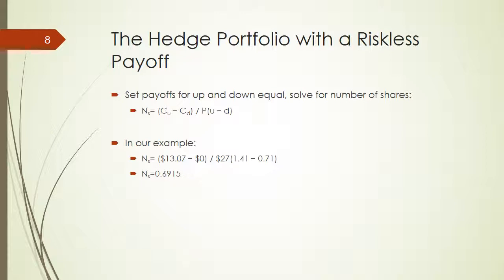We set these two conditions equal, and for the number of shares we get 0.69 shares. So the hedge ratio is 0.69 with riskless payoff.